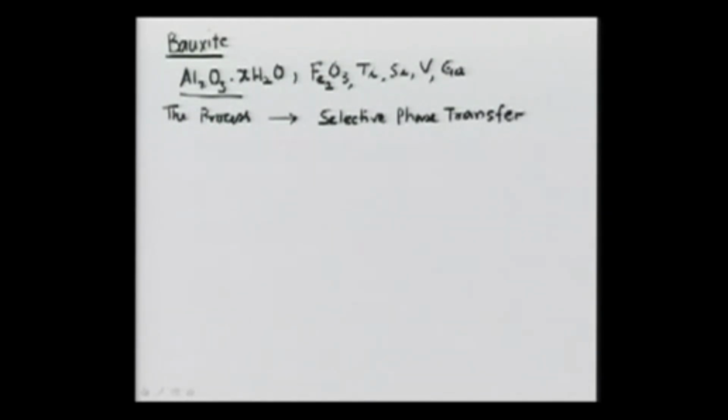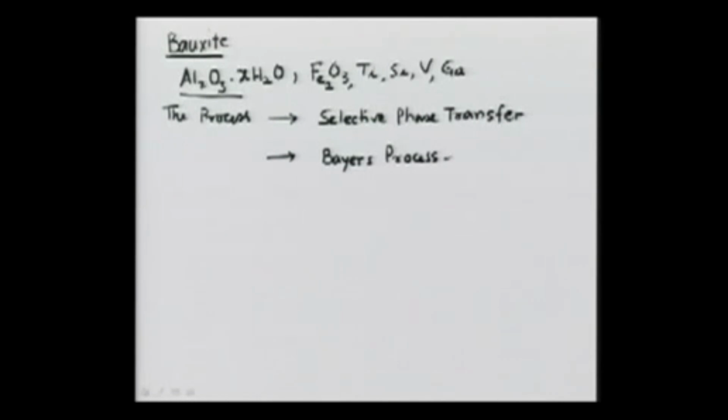And we'll see how the selective phase transfer is done. This process of selective phase transfer is also called the Bayer's process.